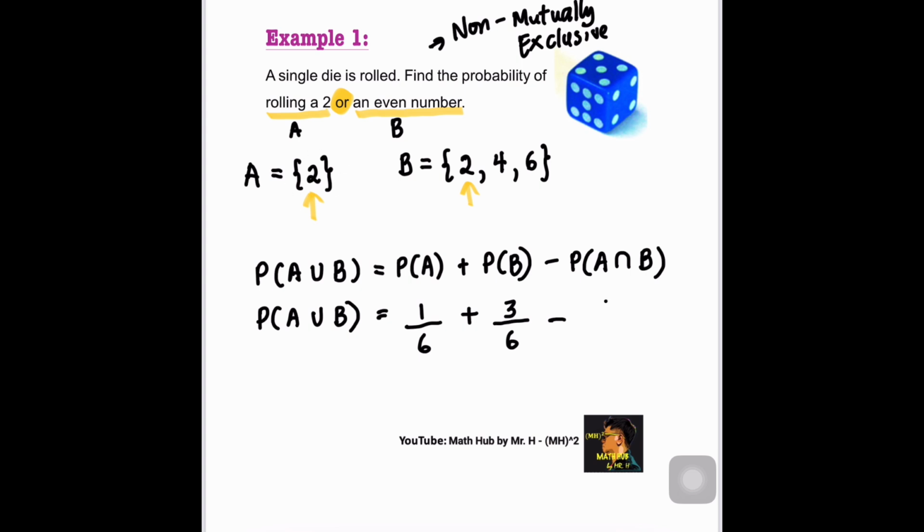Okay, so we have 1 divided by 6. So 1 over 6 plus 3 over 6 is 4 over 6, minus 1 over 6, which is 3 over 6, right? And 3 over 6 is 1/2. So this is the answer.